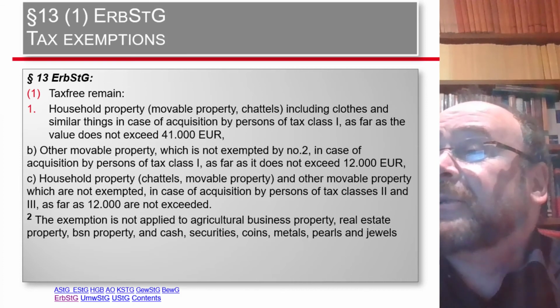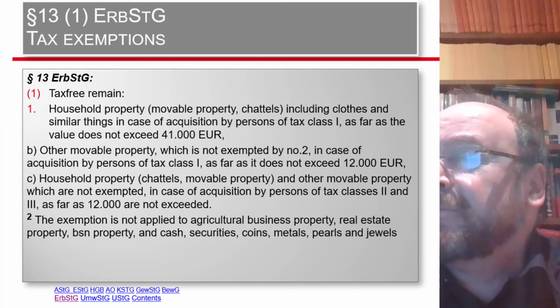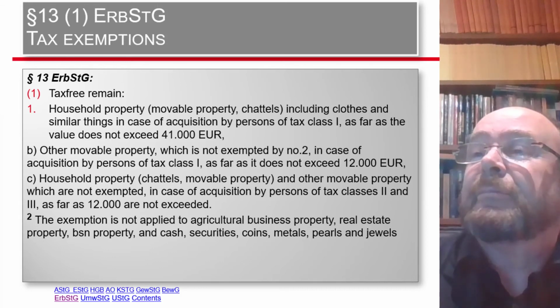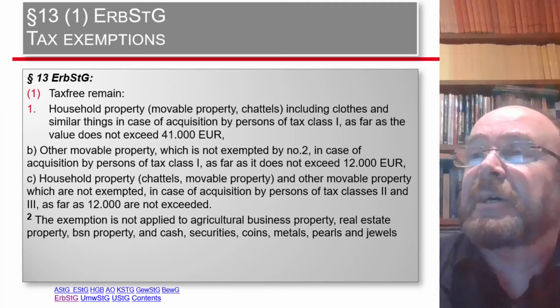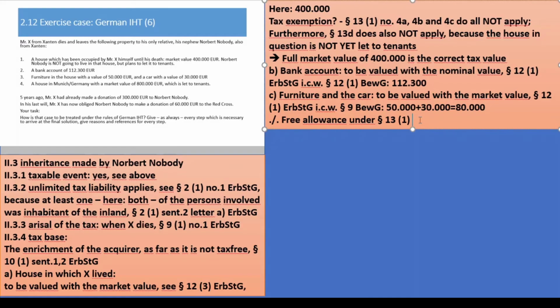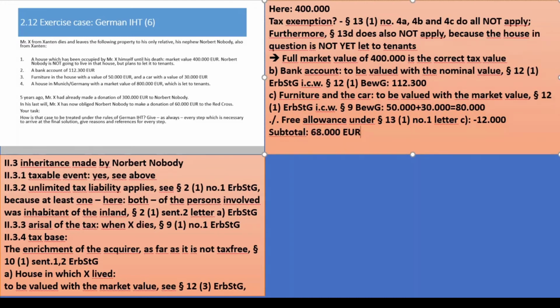Now C, household property, chattels, and other movable property which is not exempted otherwise, in case of acquisition by persons of tax clause 2 and 3, as far as 12,000 are not exceeded. So 12,000 is a free allowance here. That is what we can deduct. 13.1, number 1, letter C, minus 12,000, so subtotal 68,000 euro are taxable.